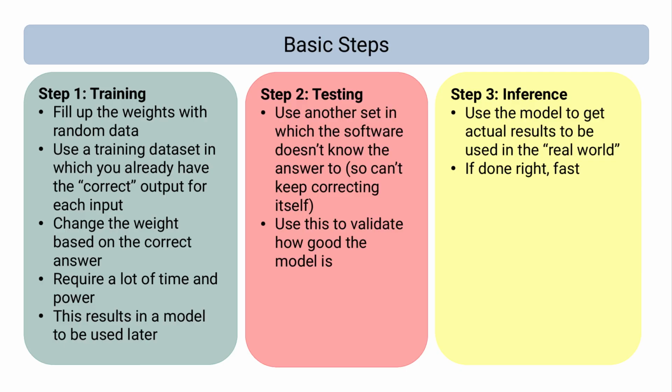So because we're starting off with literally random numbers for the weights, you can't expect your output number to be what it is supposed to be. So the difference between what you got out from your current model versus what you expect is often called loss. So what do we want to do? We want to minimize this loss.